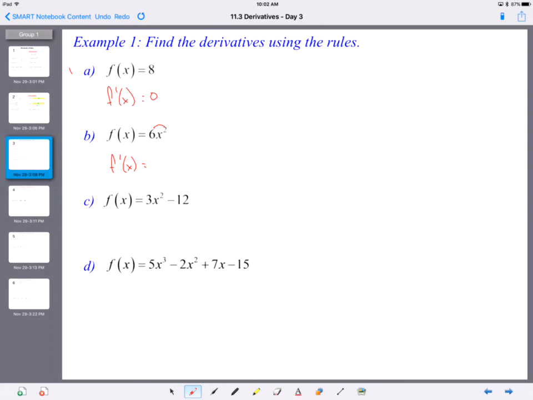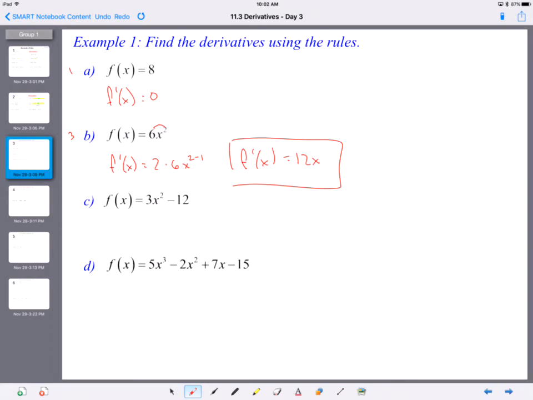So you take 2 times, or that number goes out front, so it'd be 2 times 6, and then you take 1 away from the exponent. So that's what's happening in terms of rule number 3. So the derivative is equal to 12x to the first power. And there you go. So compare that to what you were doing the other day. Definitely a lot easier once you understand and know these rules.